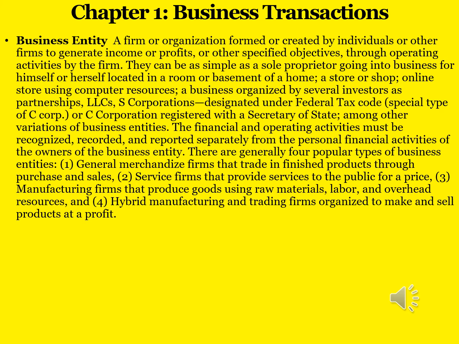Service firms that provide services to the public for a fee, such as banks, attorneys, doctors, accountants, investment firms, auto appliance servicing, landscaping, etc. 3. Manufacturing firms that produce goods by converting raw materials, labor, and overhead resources into products. And 4. Hybrid manufacturing and trading firms organized to produce, service, and sell products at a profit.